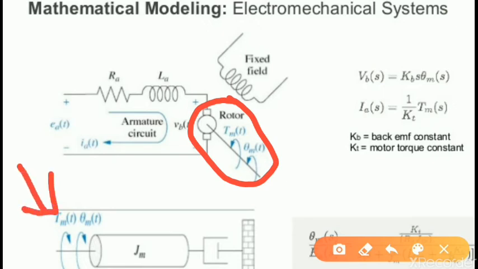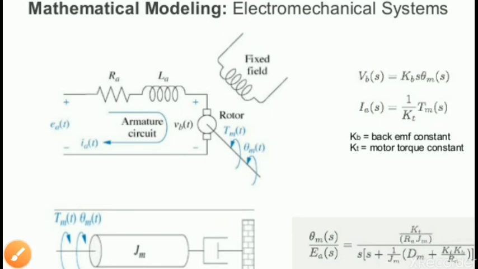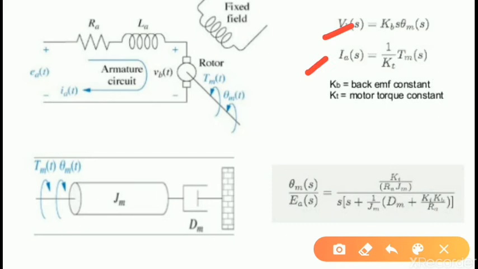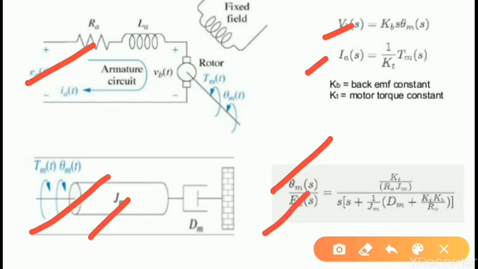Now see the next, the mechanical system. We have a mechanical system representation in this diagram, with motor torque, motor angular displacement, moment of inertia, and damper. We can write the equations for these, because we have studied them earlier in the rotational mechanical system. Just evaluate these equations and the KVL equation, and manipulate the relation for theta m(s) by Ea(s).